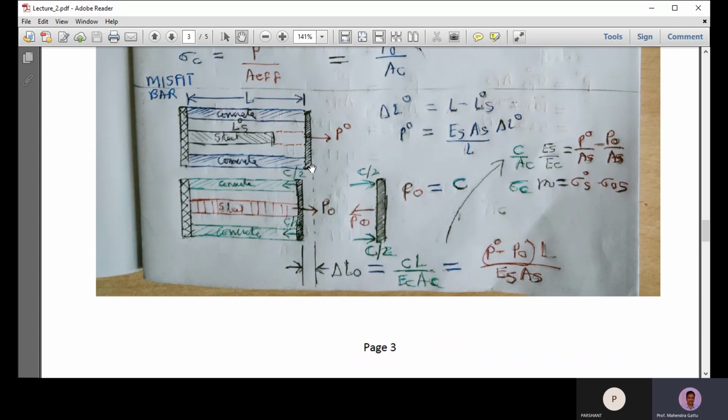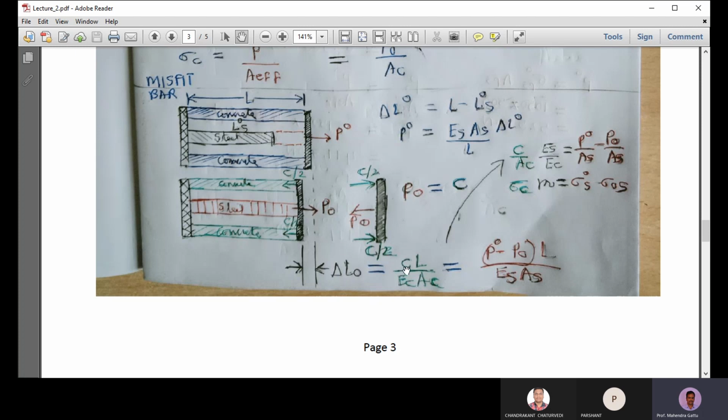We can also get the compatibility condition. What it means is that the gain in compressive strain in concrete is equal to the loss in tensile strain in steel. Let's call it delta L naught, which is the reduction in length of concrete, that is the gain in compression, and that is also equal to the loss in tensile strain.